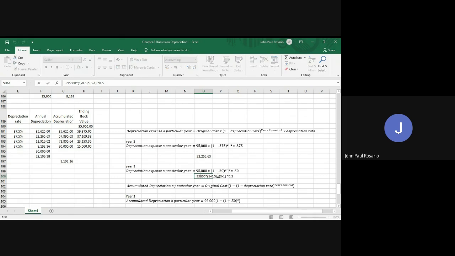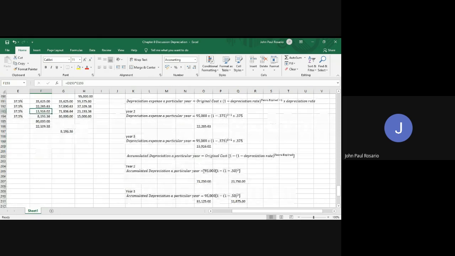because 37.5 and 37.5, we got 13,916.02, which is equal to our depreciation expense per our depreciation schedule.